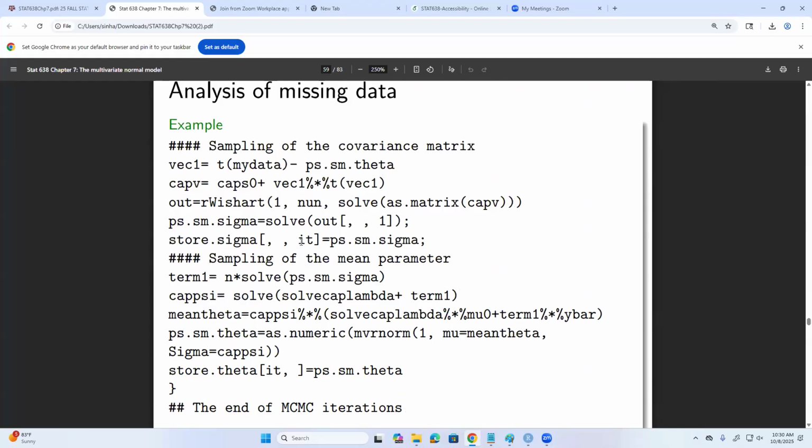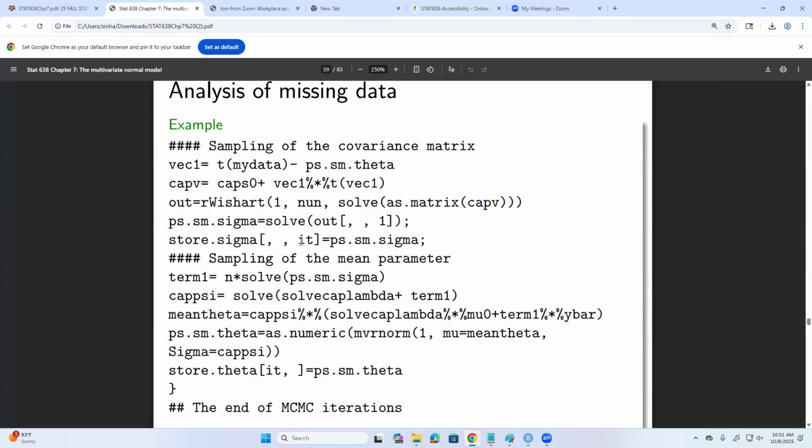But what is the issue? The issue is that you have a theta posterior sample value and a sigma matrix posterior sample value from one imputed data. So suppose you run it 5,000 times and you do the imputation 10 times. In the end, you have 50,000 posterior samples. Combine all posterior samples for theta, and then calculate credible intervals for the theta parameter.